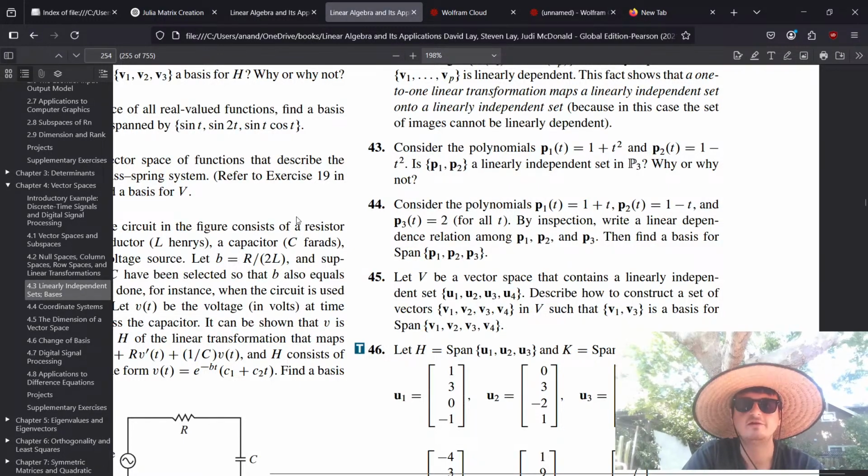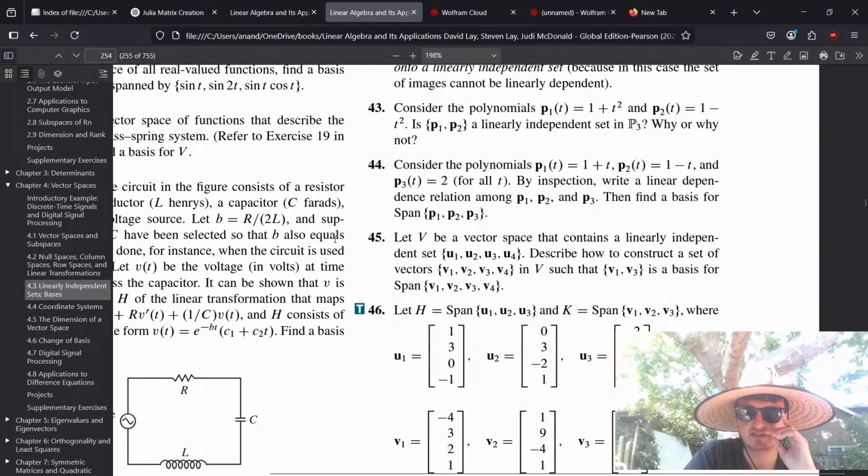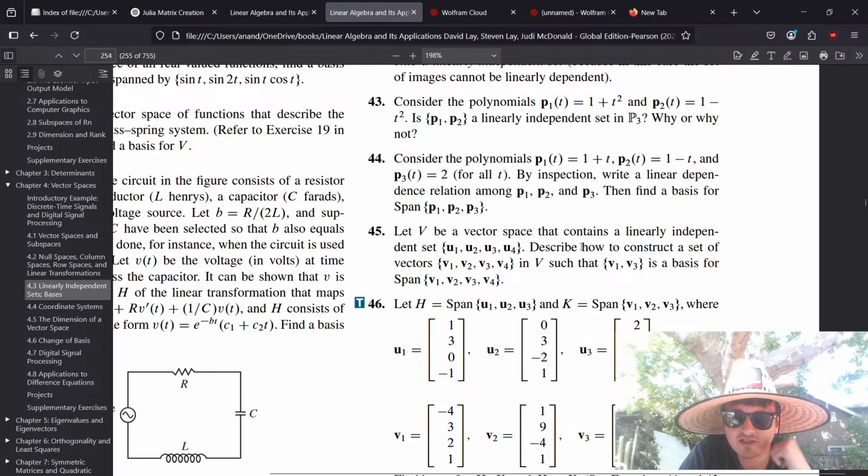Okay. Let V be a vector space that contains a linearly independent set u1 to u4. Describe how to construct a set of vectors v1 to v4 in V such that v1, v3 are independent.